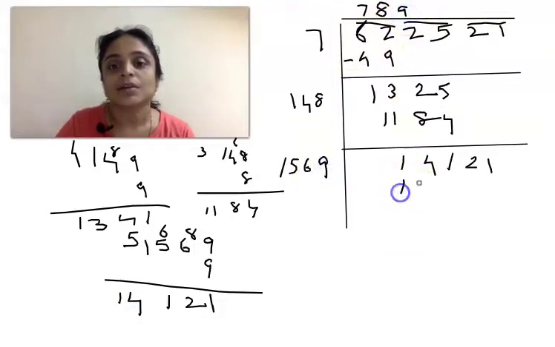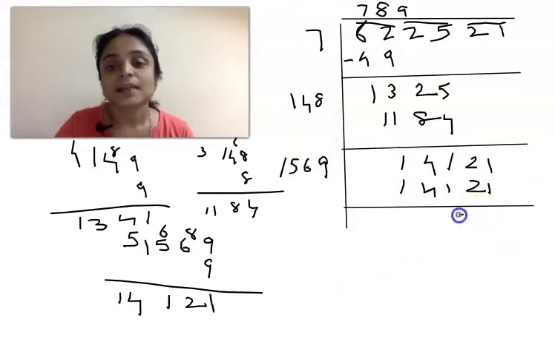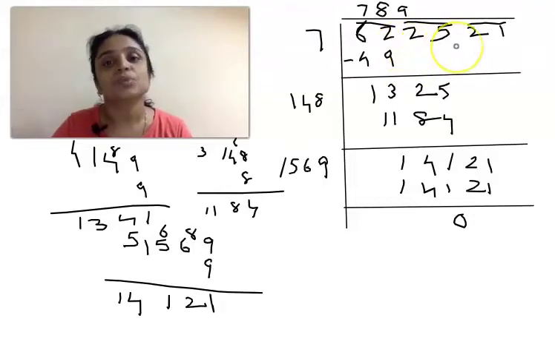And we got 14121. So when you subtract this, you will get 0 as the remainder, which means this is a perfect square, and 789 is the square root of 622521.